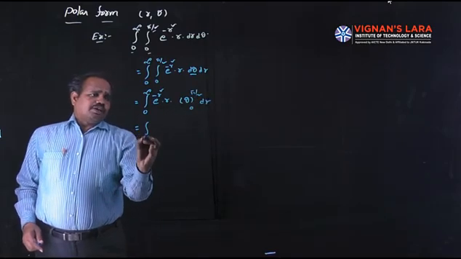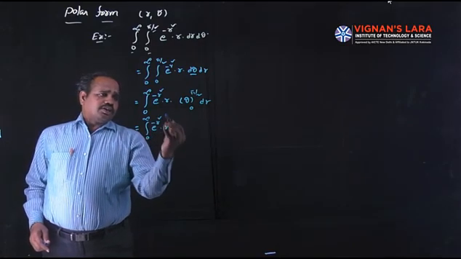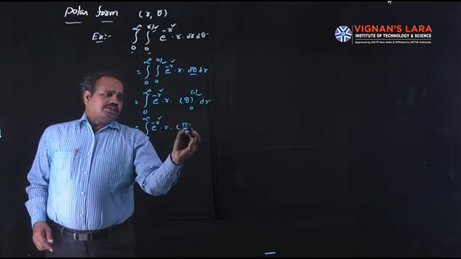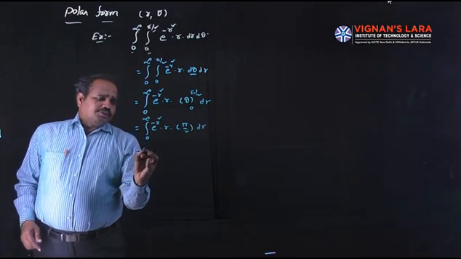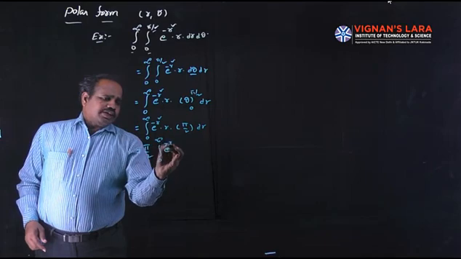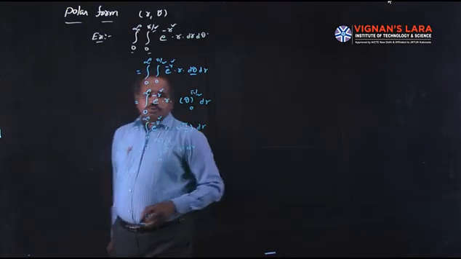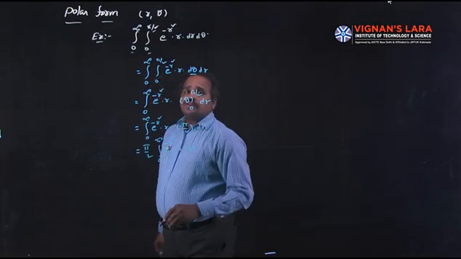So substitute upper and lower limits: pi by 2 minus 0 value is pi by 2. Pi by 2 into integral 0 to infinity e power minus r square into small r dr. Here use the substitution, r square is equal to t.